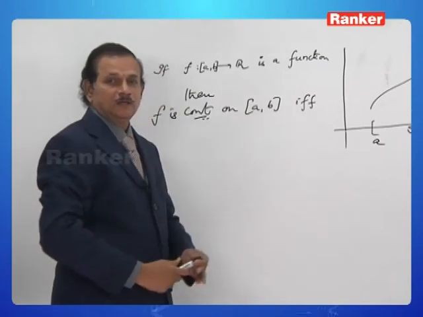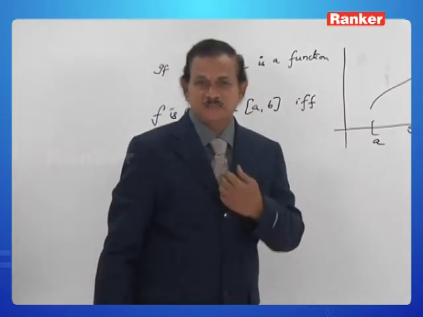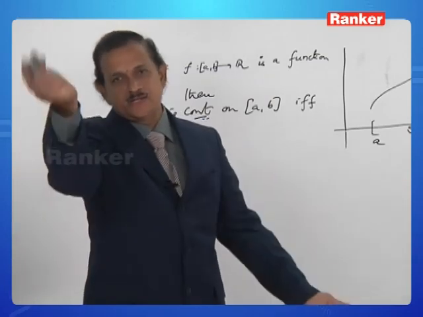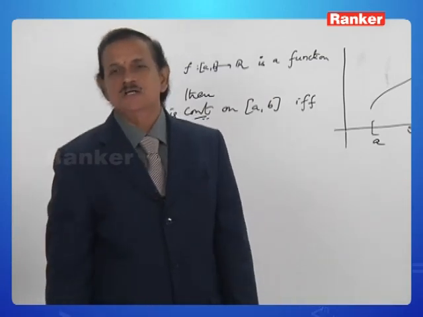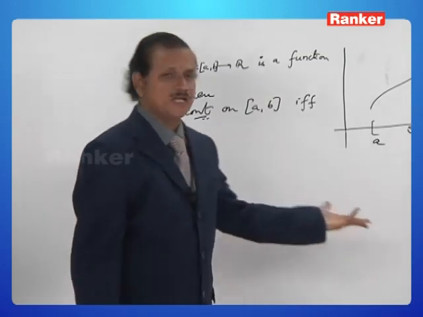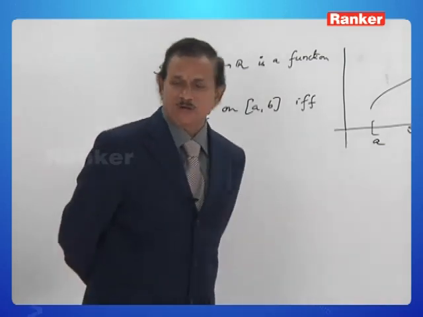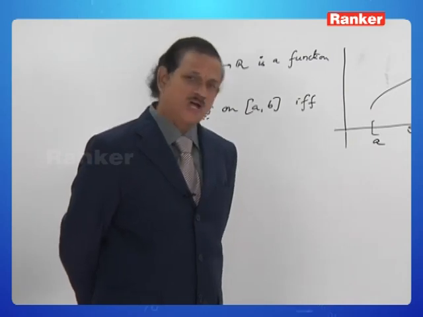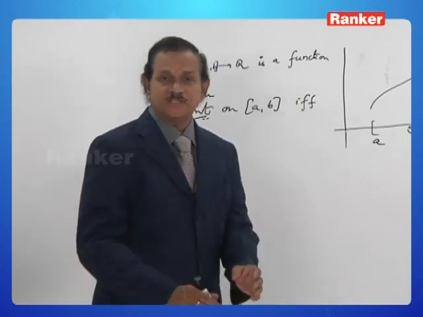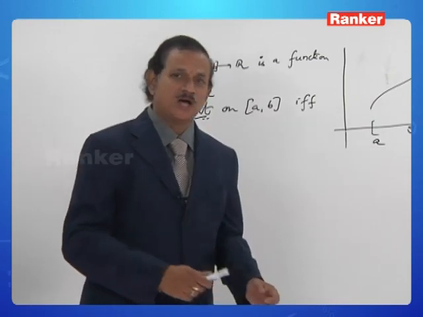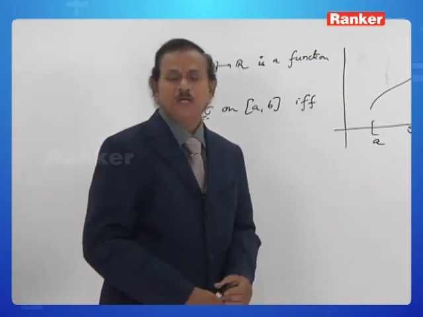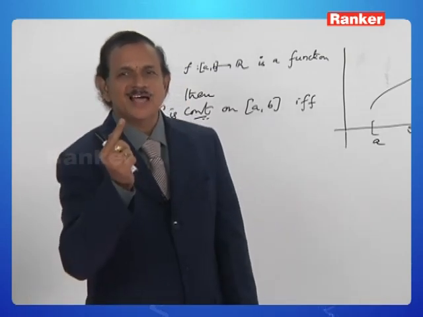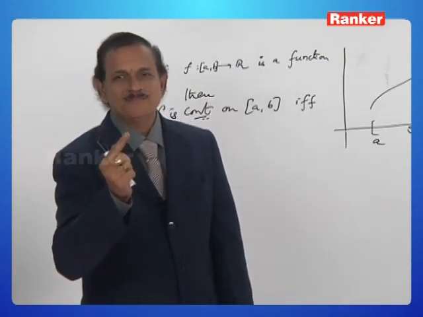You may say, just now we have discussed, if a real function f is continuous at every point of the domain, then it is continuous on the domain S. Here also, instead of S, we are writing closed interval a to b. Therefore, f is said to be continuous on closed interval a to b if and only if it is continuous at every point. There lies the problem.